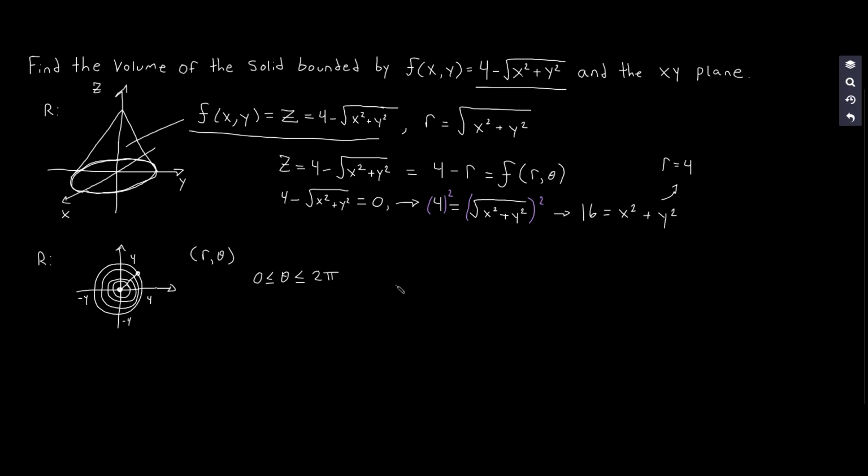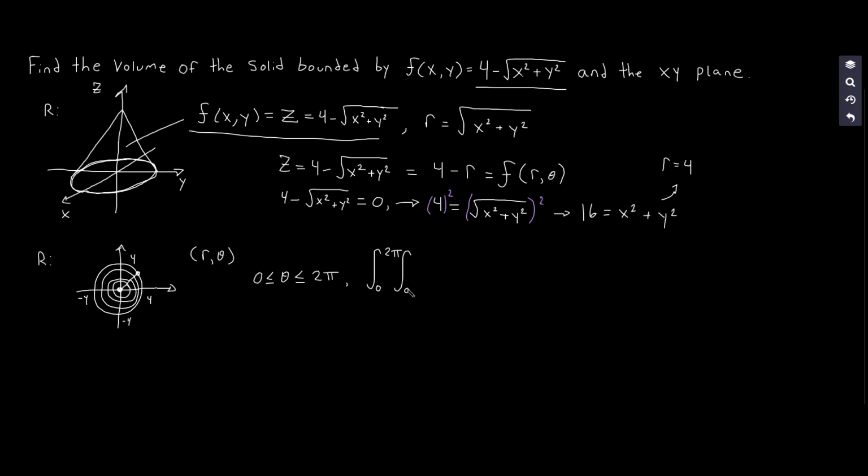So to set this thing up, we're doing r dr d theta. So dr comes first, and d theta comes second. So theta comes second. So what's theta? Theta is going from 0 to 2 pi. And then r, the radius, is going from the origin 0 out to 4.